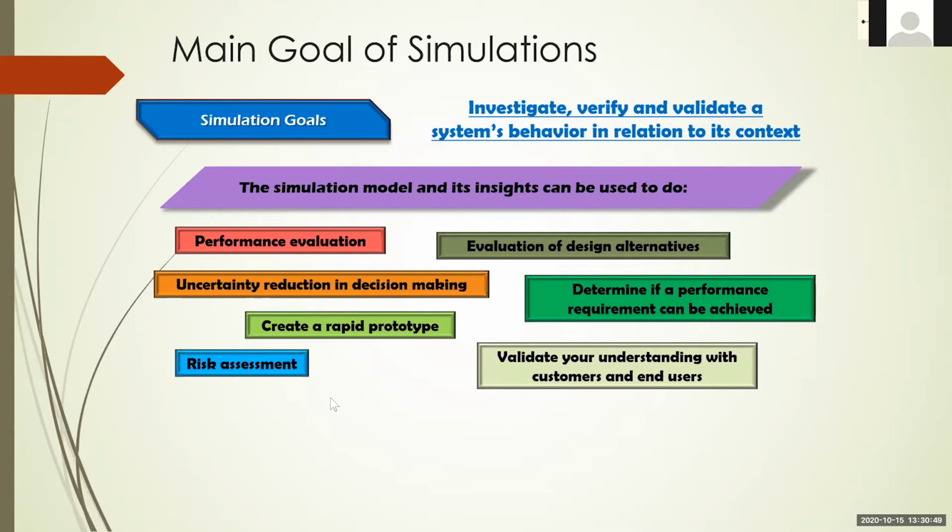You might also use it to determine the level of risk in the system that you are doing. Some people will use a simulation just to validate their understanding. Some other people use it, and this is a common use, during requirements solicitation. Sometimes the customer wants us to do something, but we are not sure if we can do it.